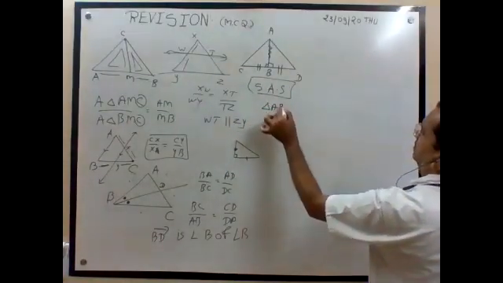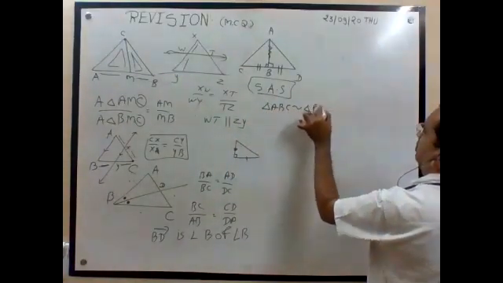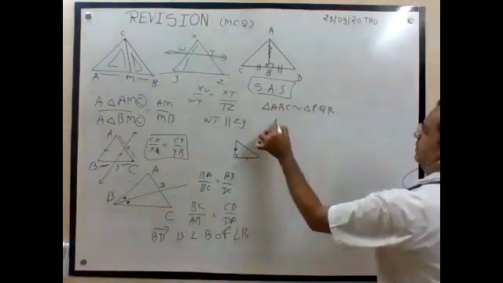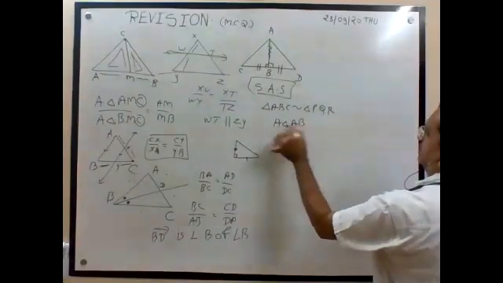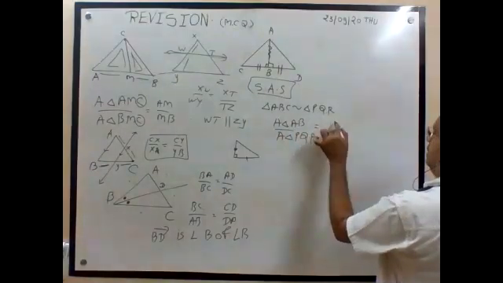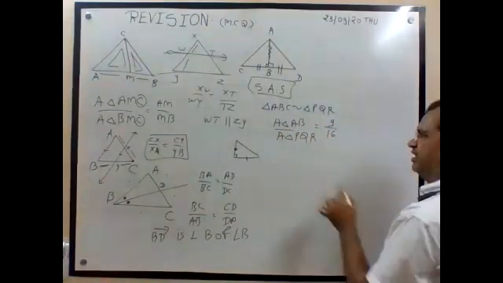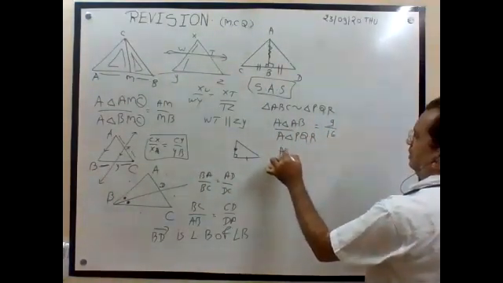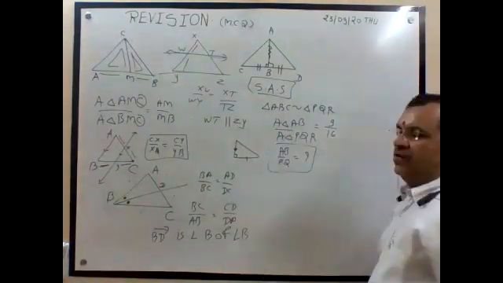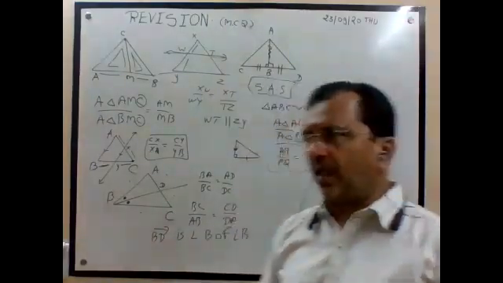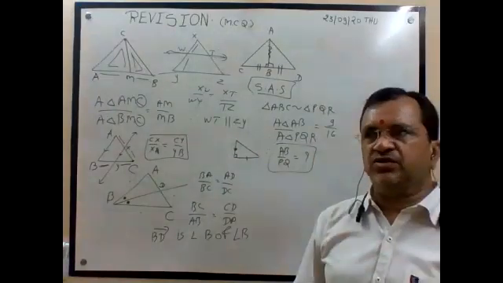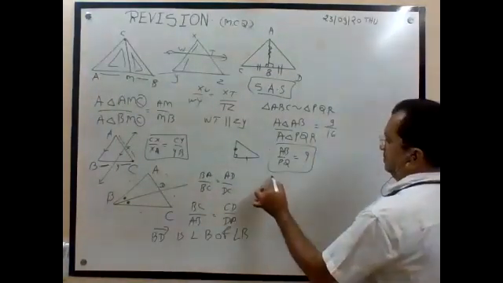Triangle ABC similar to triangle PQR. It is given. And area of triangle ABC divided by area of triangle PQR is equal to 9/16 given. Therefore, AB by PQ how much? When triangles are similar, ratio of area is equal to side square.